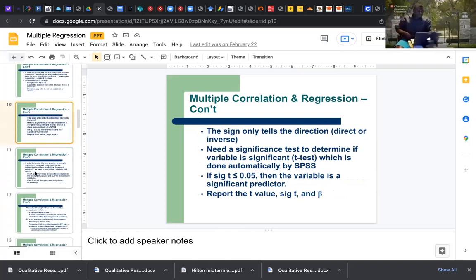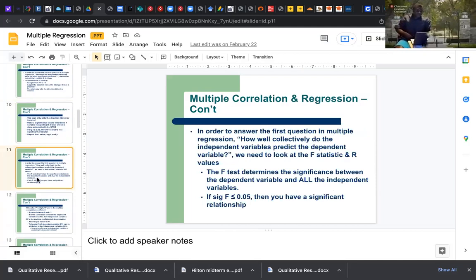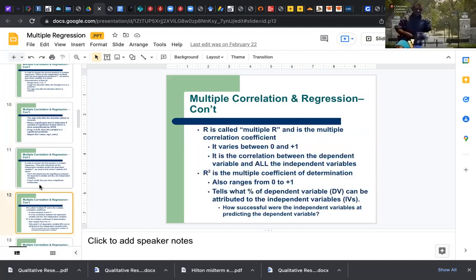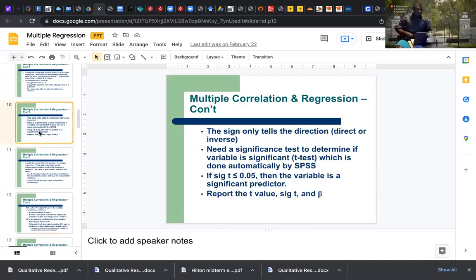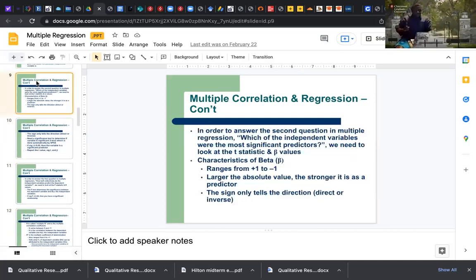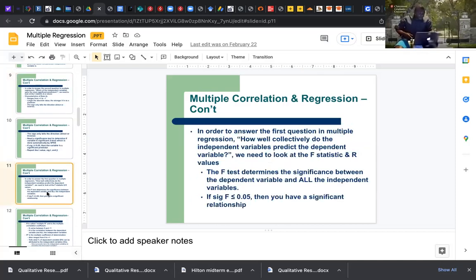Then, when it comes to understanding which variable or variables are the most significant predictor, we report the F and the R values. Look at the F and the R values to understand how collectively the independent variables predict the dependent variable. So this is for the first question, the collective.